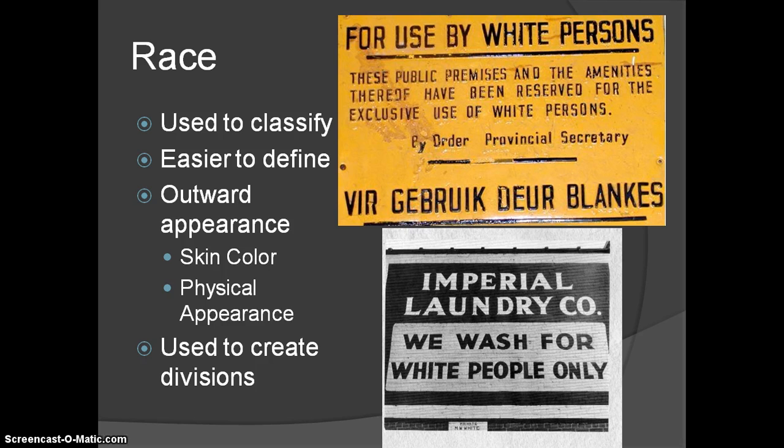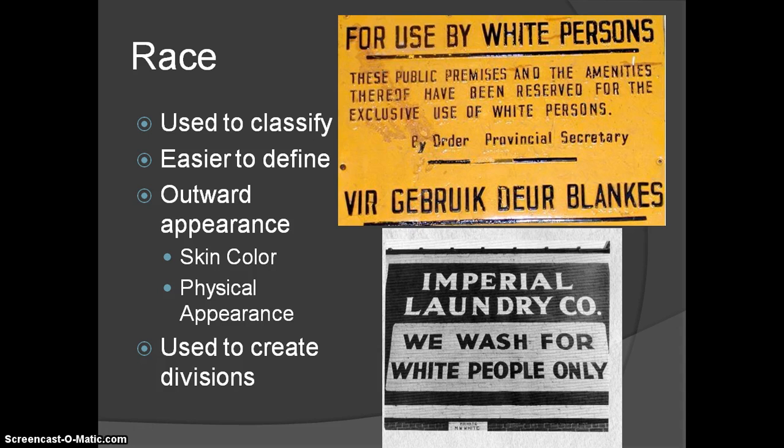Again, it's much easier to identify somebody's race than their ethnicity. Typically, all I do is look at someone and I can guess what race they are. But if I had to identify the ethnicity of somebody, I'd have to talk to them and get to know them and begin to understand who they were. And so it's a lot more shallow understanding of who a person is.